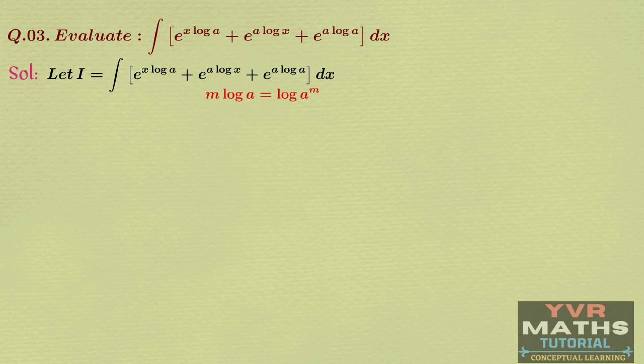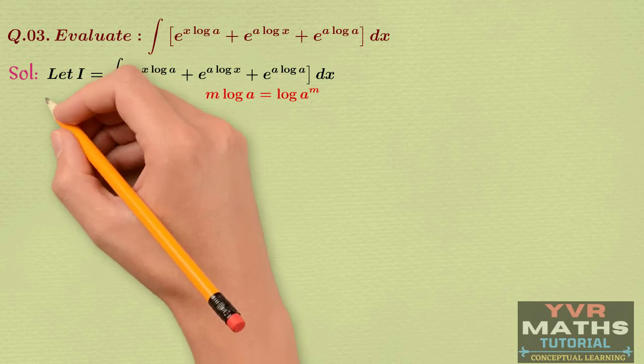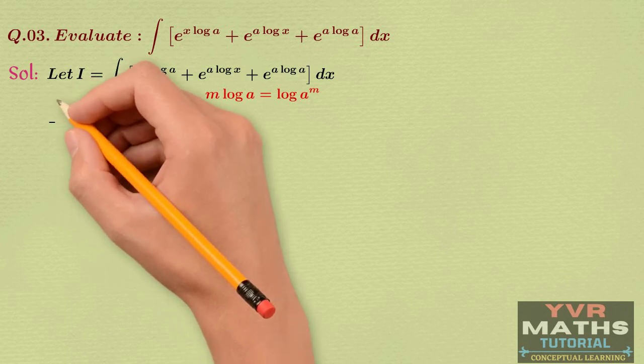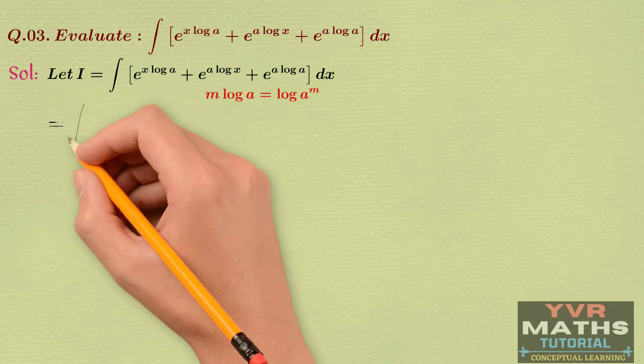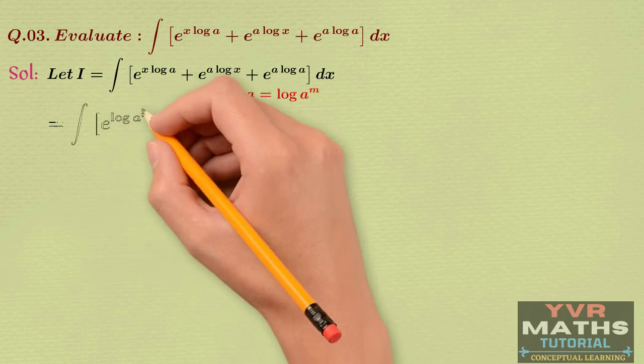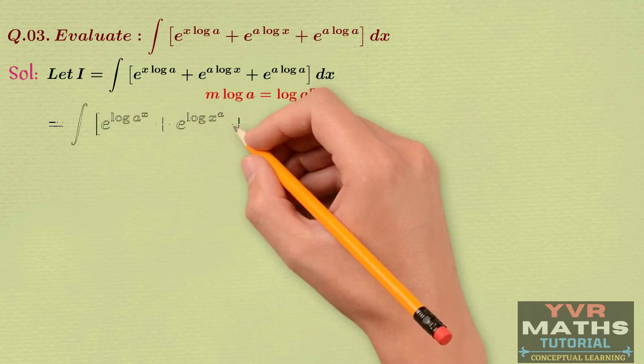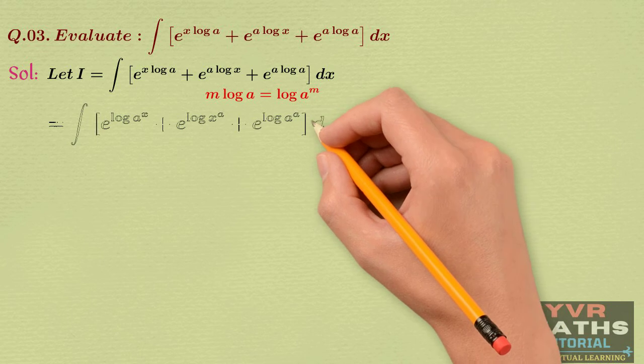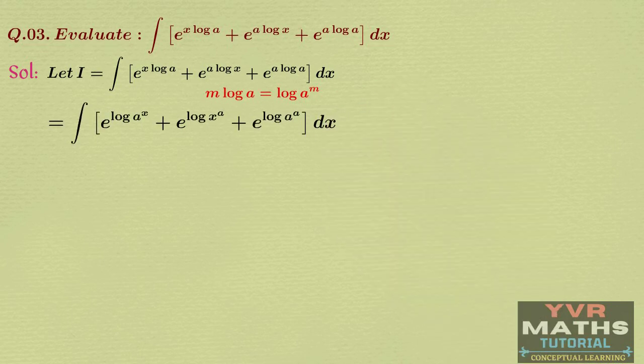Similarly in the second term, log x^a. Similarly in the third term, log a^a. Then what you will get in the new step? See here, integral e^(log a^x) plus e^(log x^a) plus e^(log a^a) dx. So I just applied this property here.